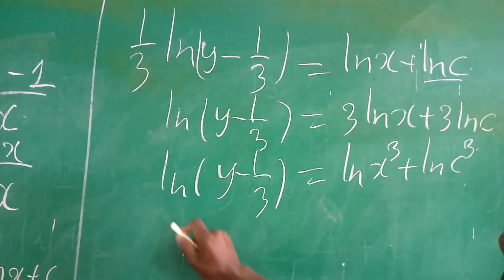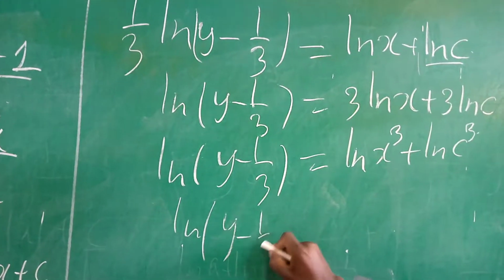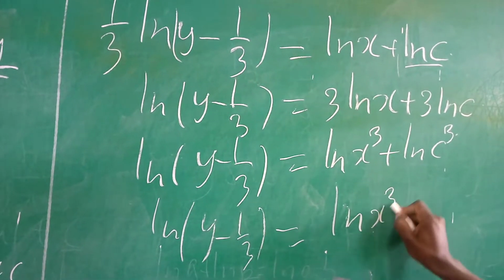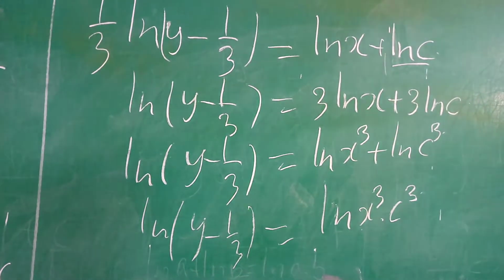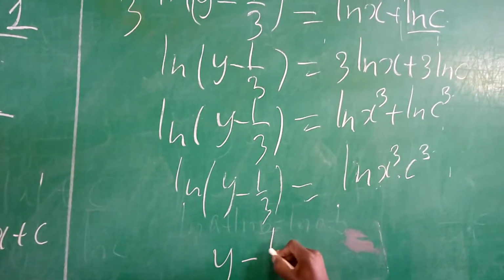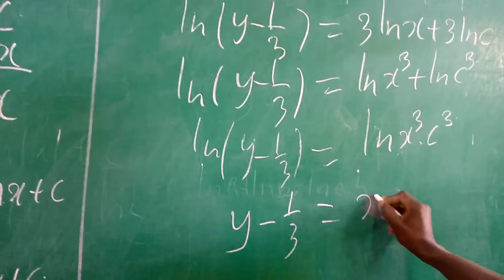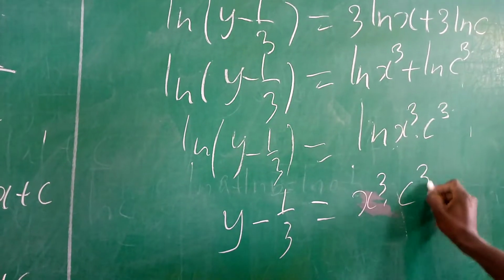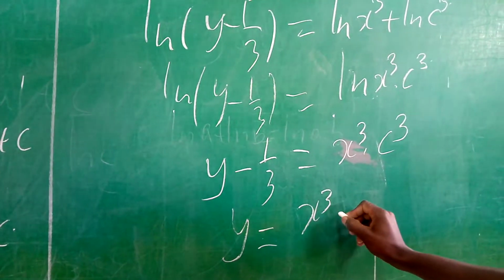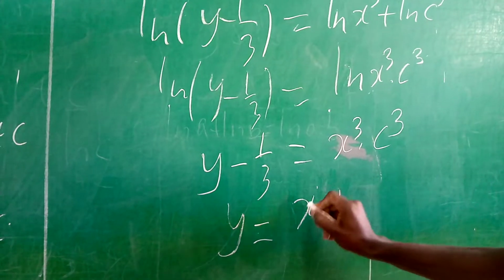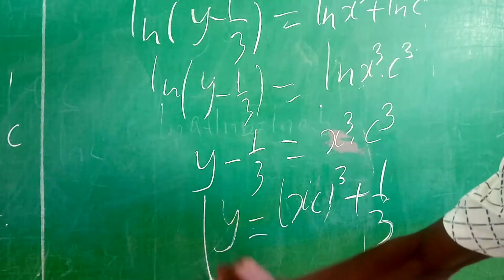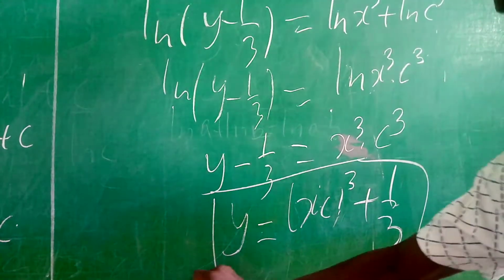Now we get ln of y minus 1 over 3 equal to ln of x to the power 3 times c to the power 3. So y minus 1 over 3 is equal to x to the power 3 times c to the power 3, and y is equal to x to the power 3 c to the power 3 plus 1 over 3. Hence we get the solution.